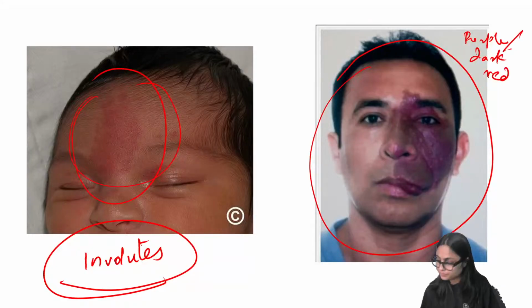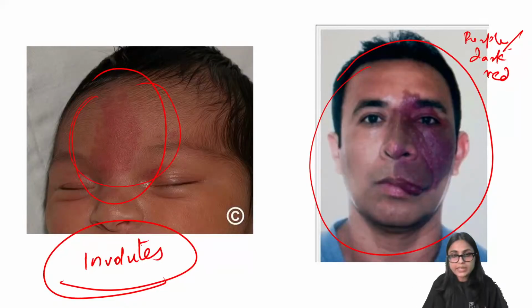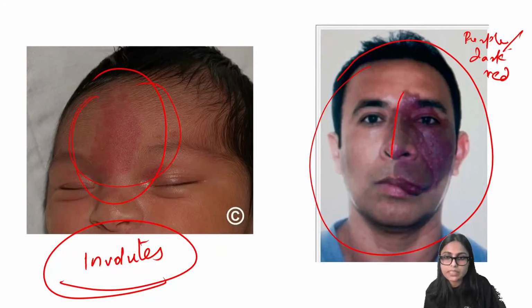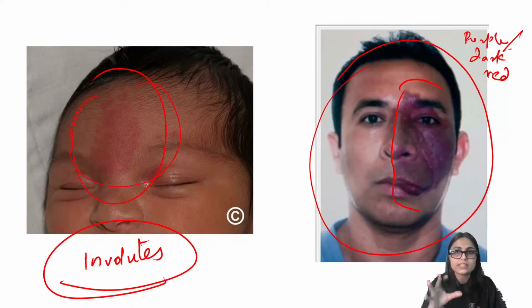Face is most commonly affected compared to any other body part. It appears on one side of the face with a clear midline cutoff. This is the feature of nevus flammeus or port wine stain.